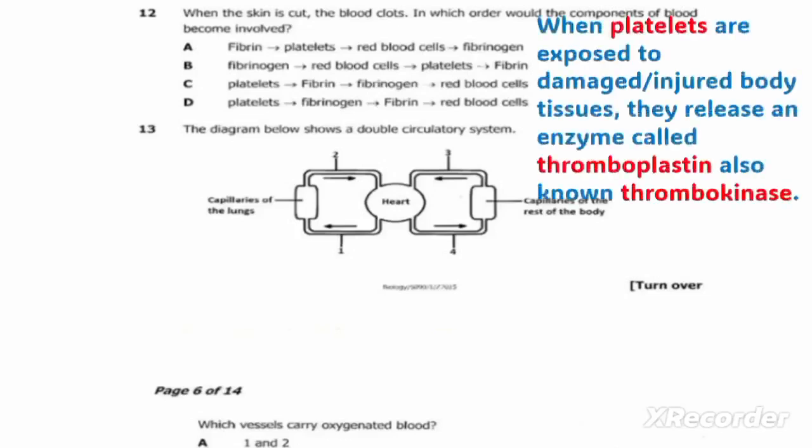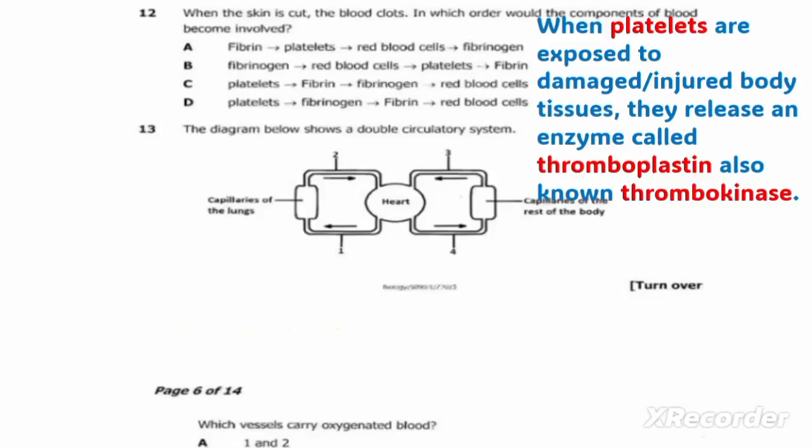We need to understand that when platelets are exposed to damage or injury, the damaged tissues will release an enzyme called thromboplastin or thrombokinase. The function of thrombokinase is to spearhead the conversion of prothrombin to thrombin.